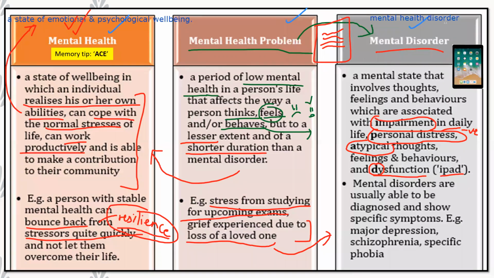Even the word mental illness, VCAA doesn't use this as much, but you might see it in other resources. Mental illness also means mental disorder. We don't use that terminology anymore though, because mental illness doesn't talk about the disordered effect that mental disorders can have on a person. So that's the main three mental states there.